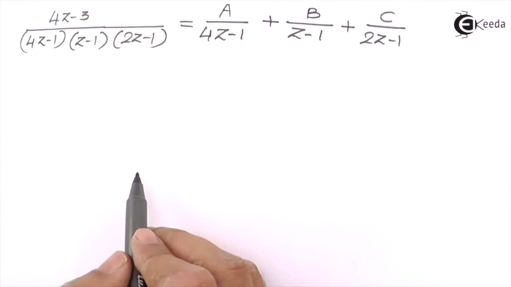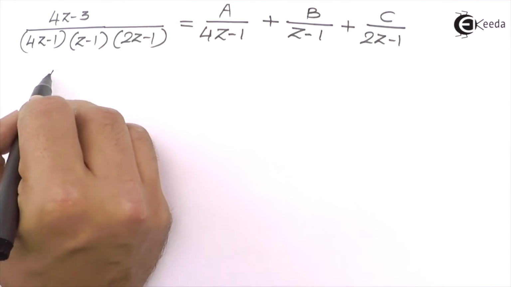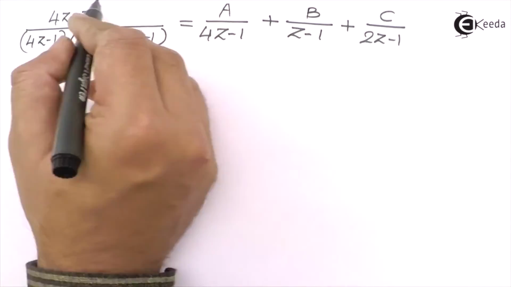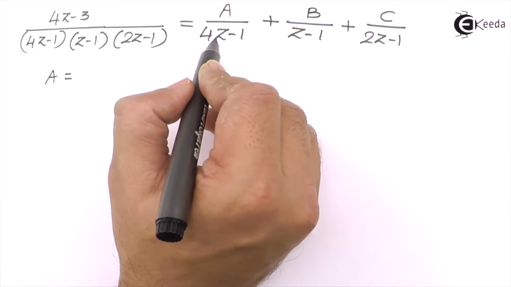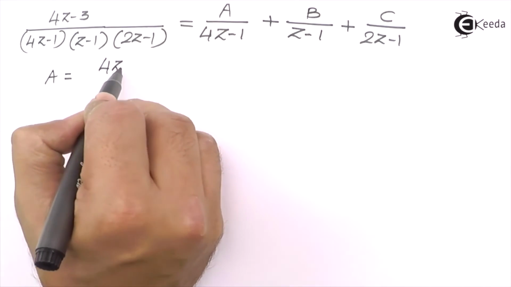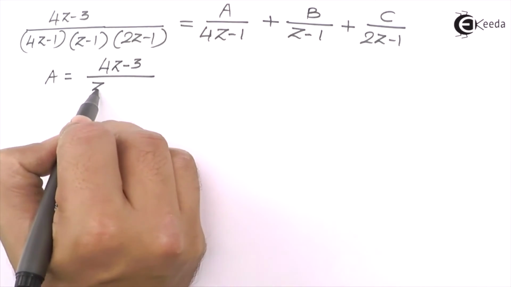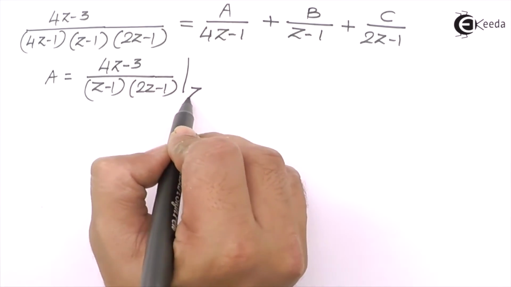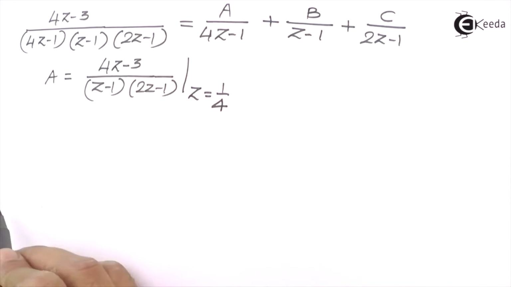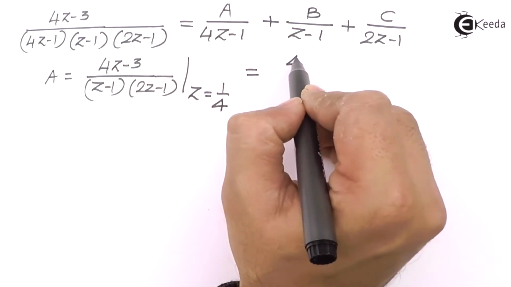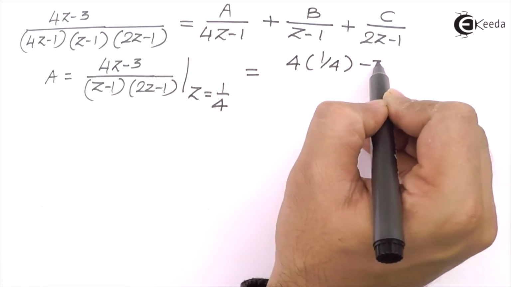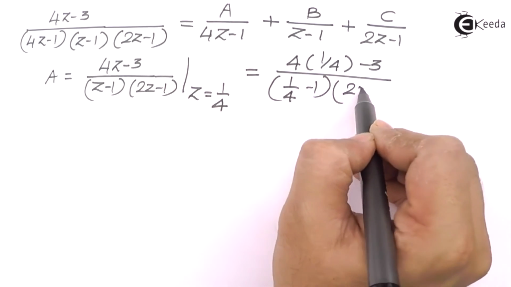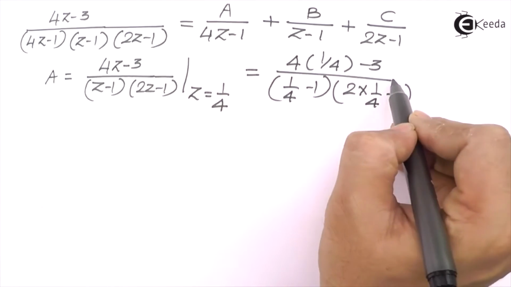Let's quickly find out the residues A, B, C. So how to find out A? A is nothing but, we have to take that portion of this transfer function except (4z - 1), meaning I have to evaluate (4z - 3) upon (z - 1)(2z - 1) at z = 1/4. So if I put this value, I will get (4 into 1/4 - 3) upon (1/4 - 1)(2 into 1/4 - 1).